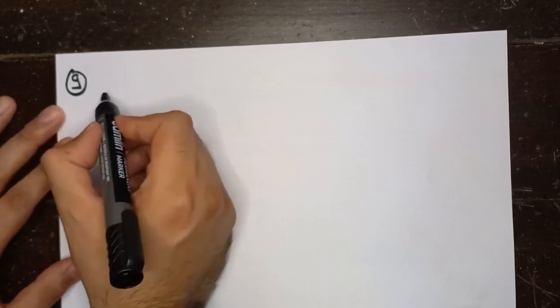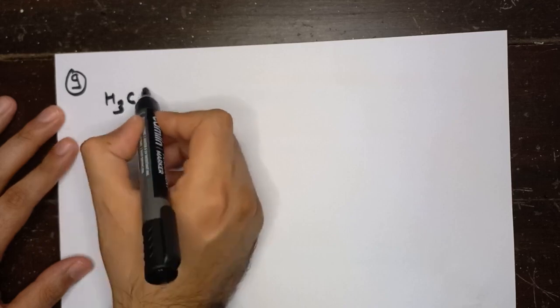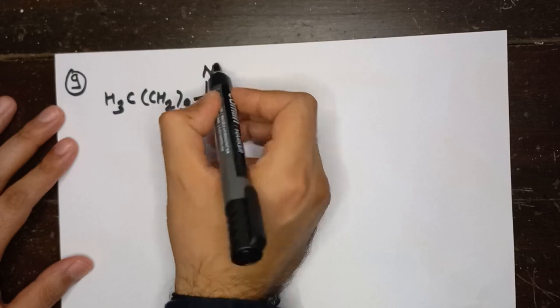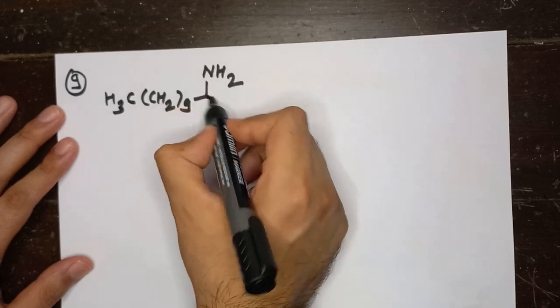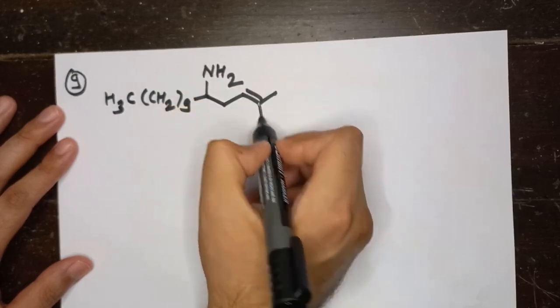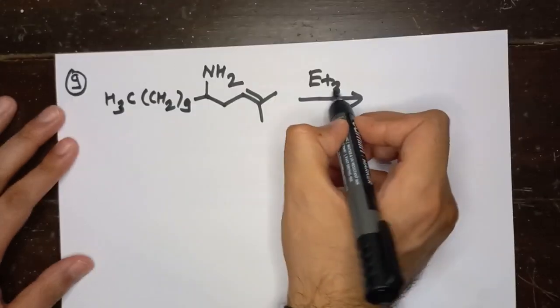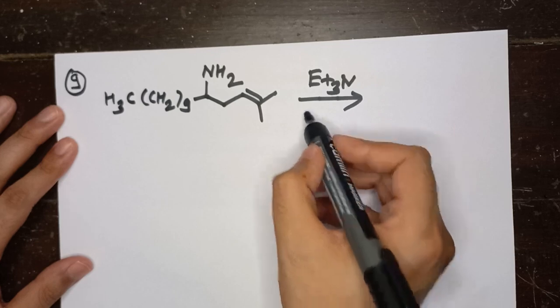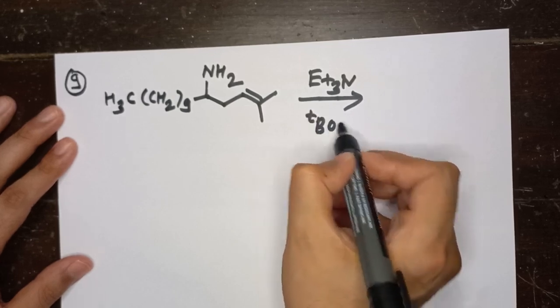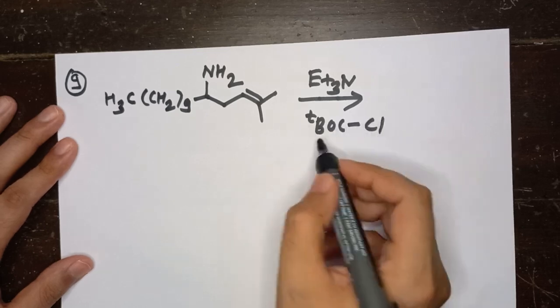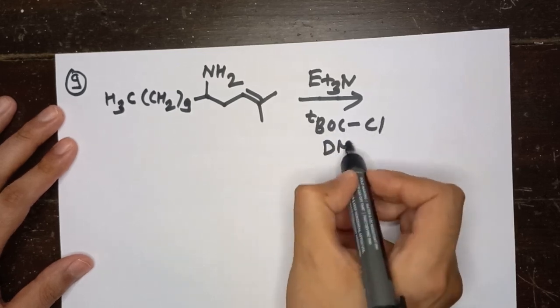Let's see, we have using triethylamine, and we are using, once again, let me use this time a Boc chloride group in the presence of DMF at room temperature.